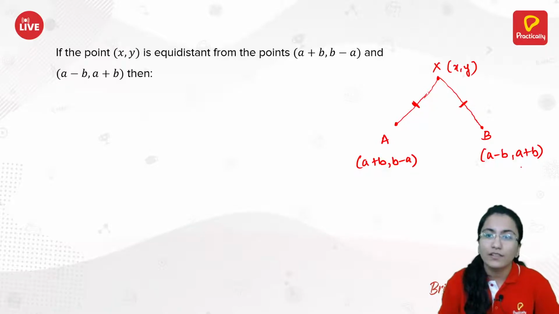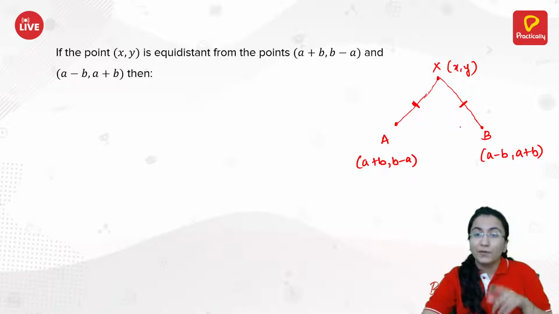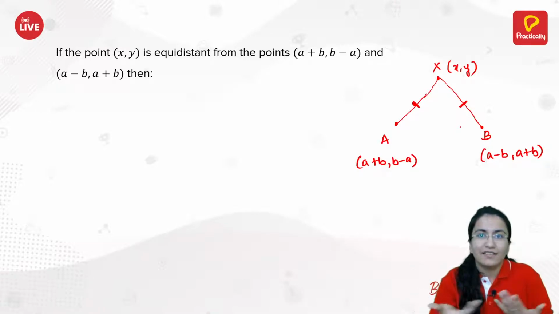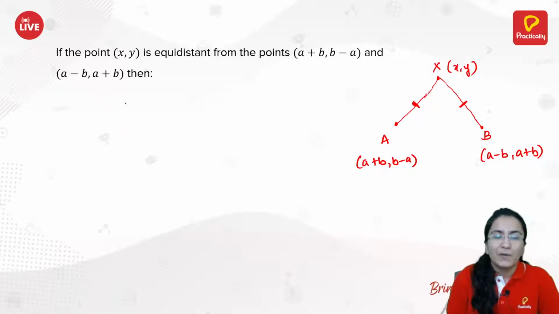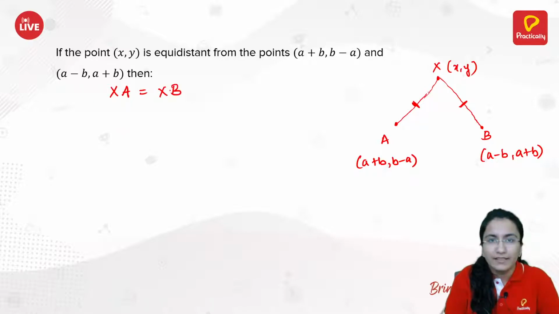Now, as you are given that XA equals XB, what you can do in this question is, if two distances are equal, just write the algebraic form of it and solve it. For that you need to calculate the distance, and we already have the distance formula. So we have XA equals XB.